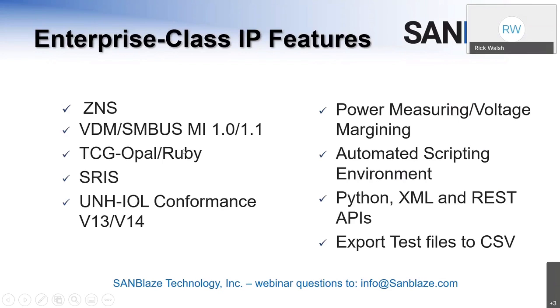I think we are the first company to release a certified test suite for ZNS, followed closely behind with VDM, SMBus, MI testing for 1.0 and 1.1 specifications. So we're very far ahead of the market on that, and these things are ready to go now when the drives are just becoming available to support those kinds of sets.